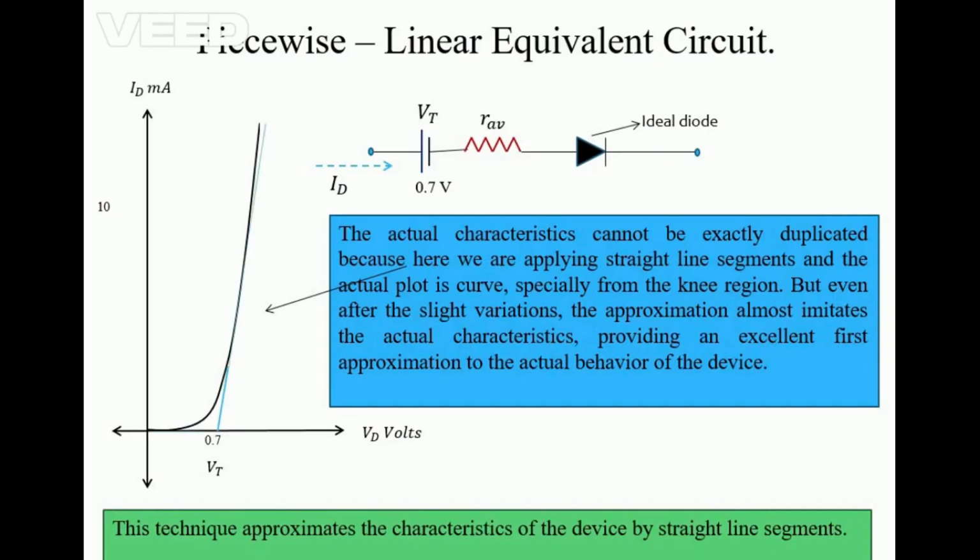It has straight line segments like this, coming like this in the blue line. But more or less it is approximately as good as the actual one. So we consider that this is the equivalent response, this circuit is almost the same as the original diode circuit.